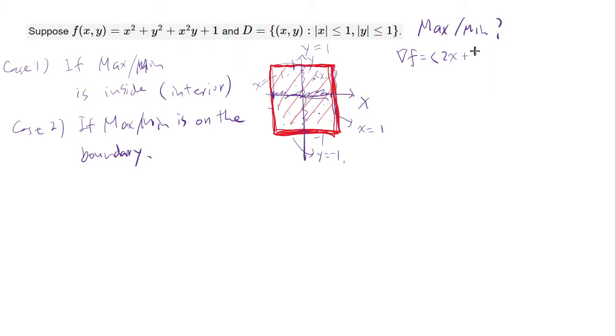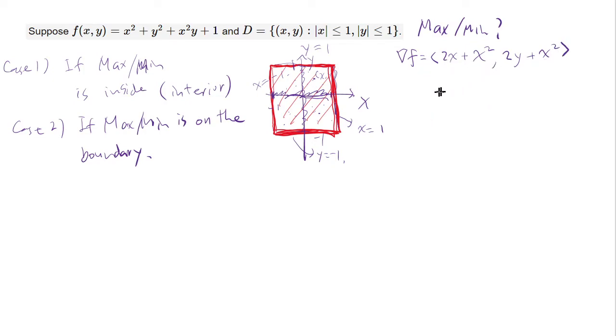Differentiating x squared y just gives you x squared. Then differentiating by y treats x squared as constant, so that goes away. You get 2y, and then differentiating x squared y by y, you just get x squared, and 1 is a constant, so it differentiates to 0 again.